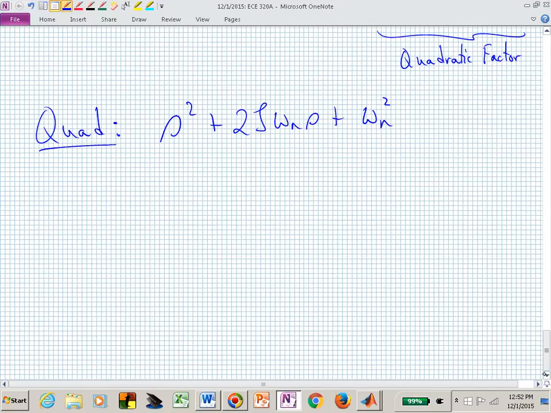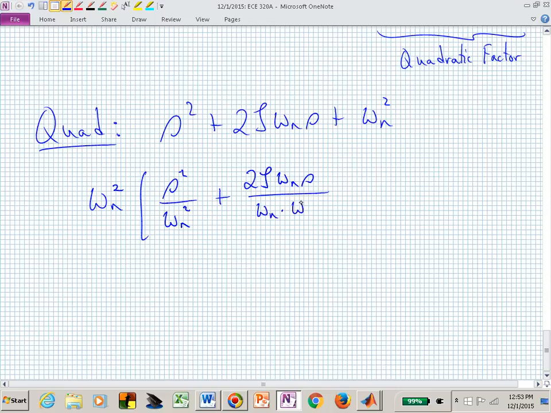But now we have factored out the natural frequency squared from all terms, and now we have s squared over omega sub n squared plus 2 zeta omega sub n s over omega sub n squared plus one.